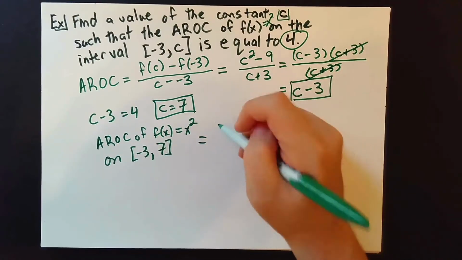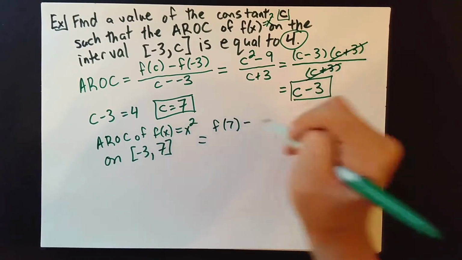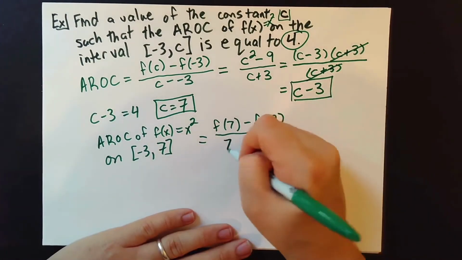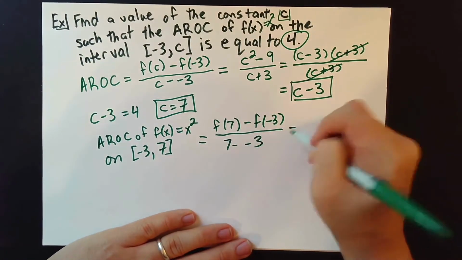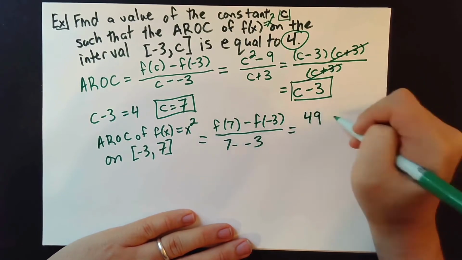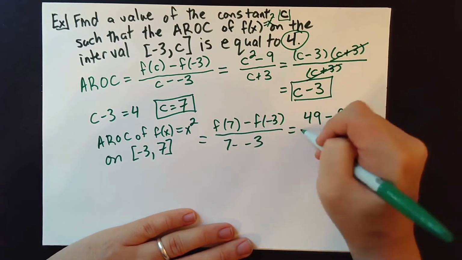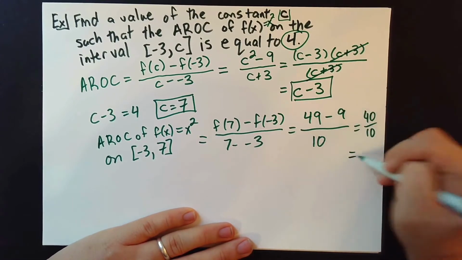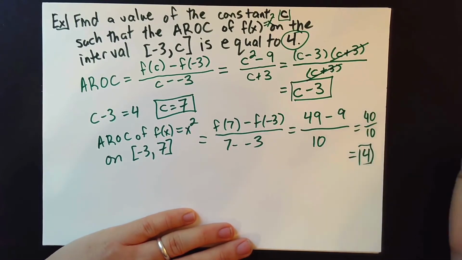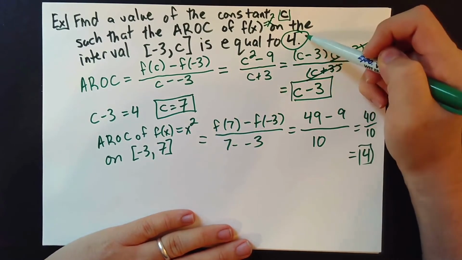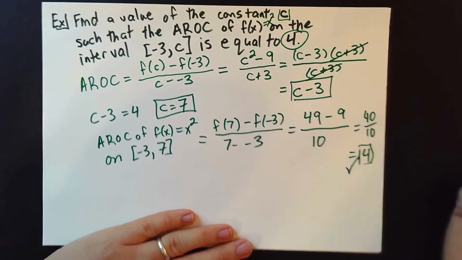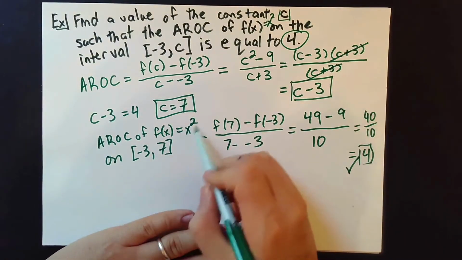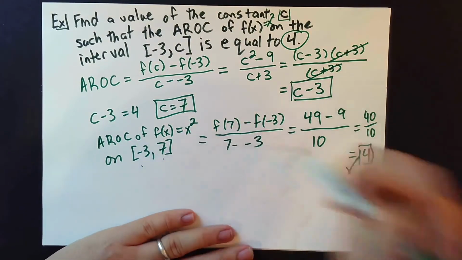So this should be f of 7 minus f of minus 3 divided by 7 minus minus 3, which is 49 minus 9 divided by 10, which is 40 over 10, which, lo and behold, is 4. Note that just checks our answer because we wanted this to be 4. And so we have found that, yes, the average rate of change of x squared on the interval from minus 3 to 7 is 4.